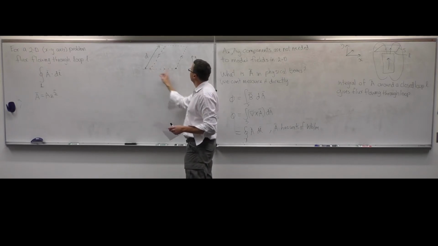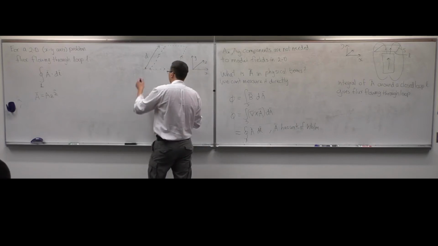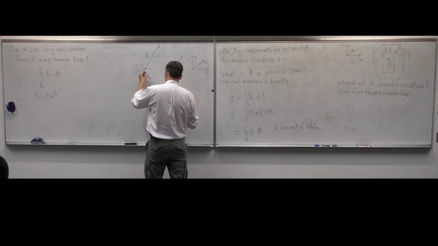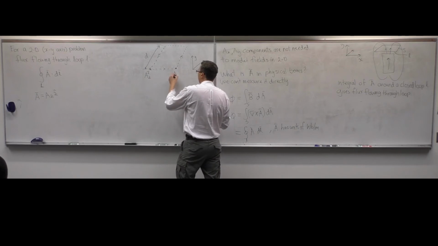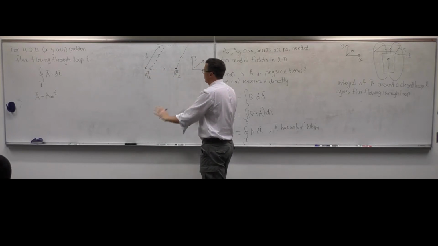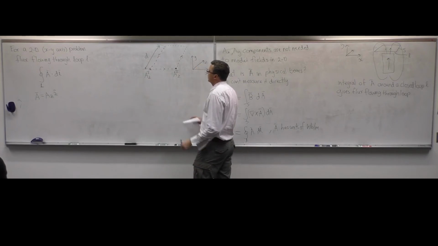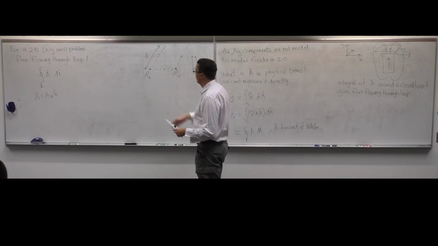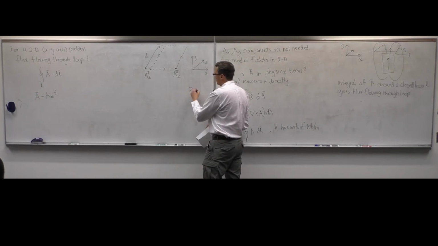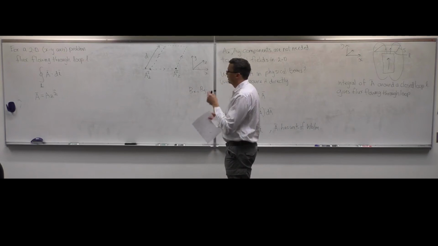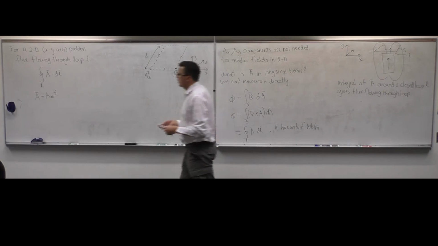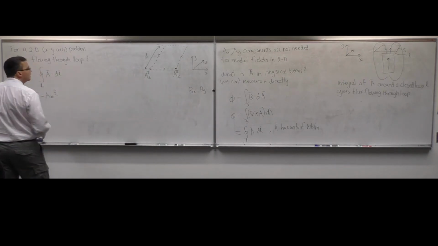But we do have an AZ at this point, and we'd have a different AZ perhaps at this point. So there are different AZ terms on the surface of the problem, but if it's a 2D problem where we only have to solve for Bx and By, we do not have an AX or an AY. So we only have an AZ.